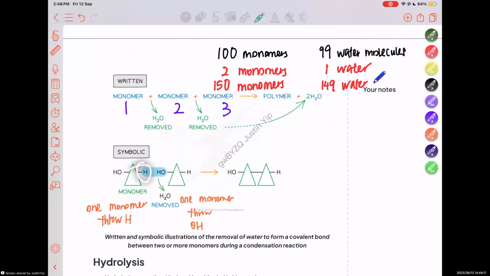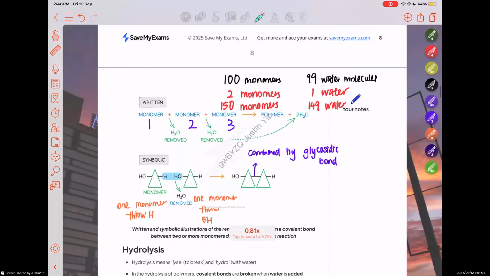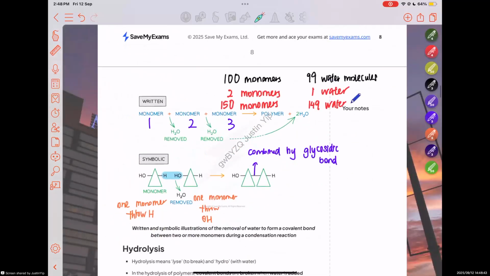So H and OH will form one water, and the monomers will be combined by a glycosidic bond. Please remember this one. For carbohydrate, we have glycosidic bond. So this is for condensation. Condensation means you throw out water and you combine them together.